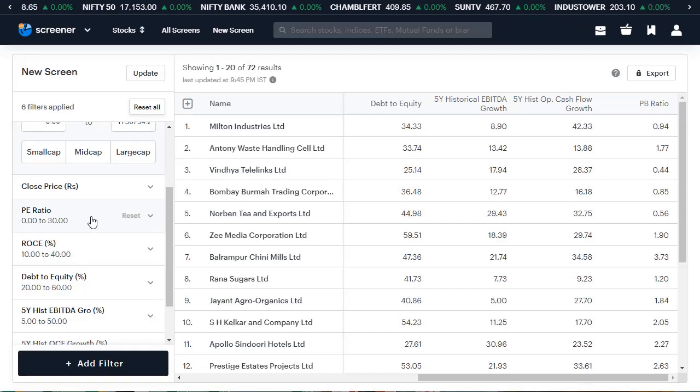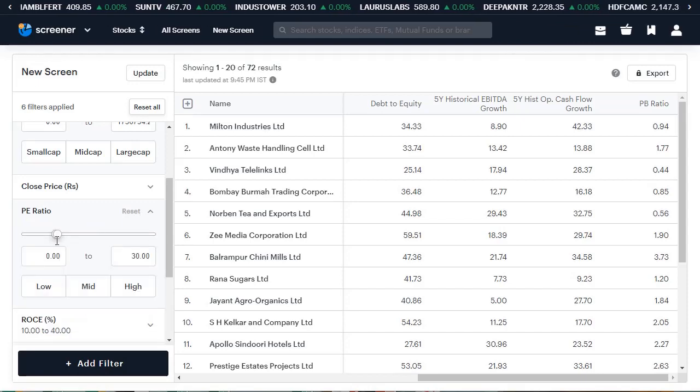The general metric for any stock is that an undervalued stock has generally a PE ratio of less than 30. So I have taken a range of PE ratio from 0 to 30 so as to filter out the most undervalued stocks which are presently trading in the stock market.